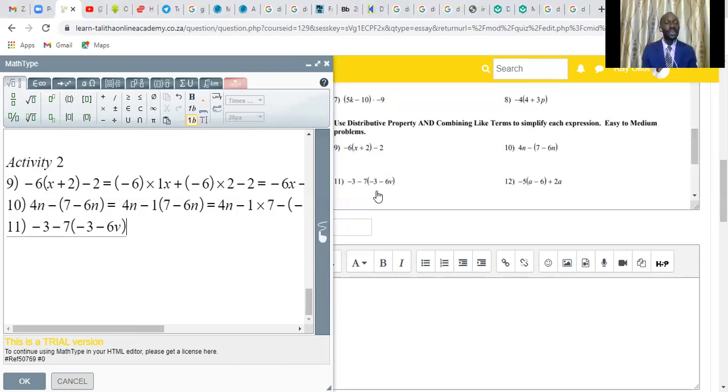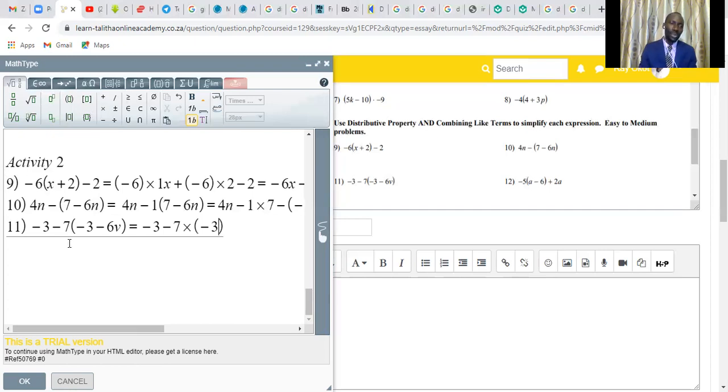Well, the number which is attached to the bracket is 7. We then have -3, then minus. So now we have to distribute 7 onto minus what? 3. And so when we distribute 7 onto -3, which we can easily put inside the bracket, we then have minus 3.